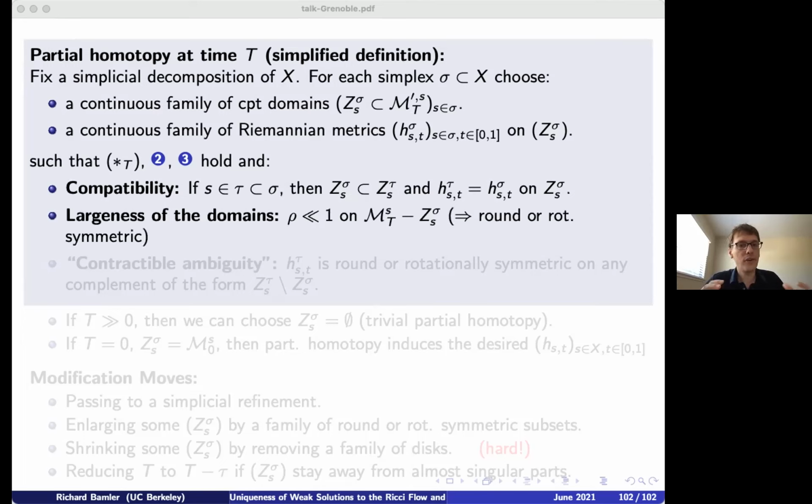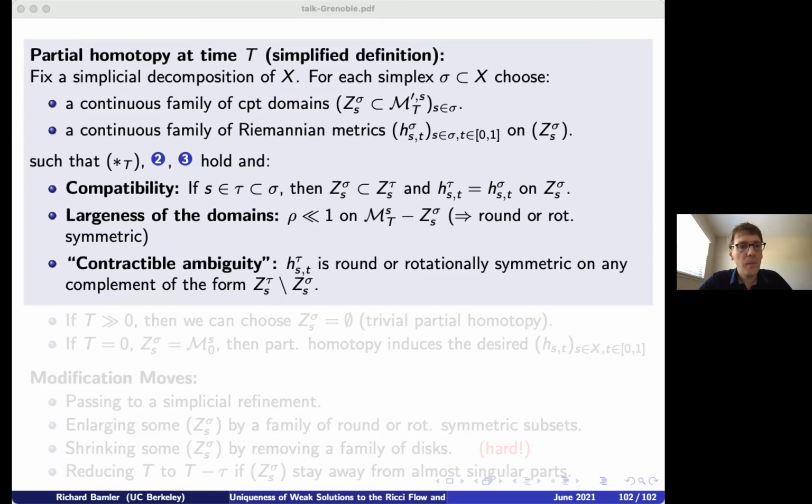If these time t slices are sufficiently interesting, we want C sigma not to be empty. We want these C sigma S to be chosen large enough so that the points that are missing are points where the curvature is very small, and therefore the components there are either rotationally symmetric or round. So whatever is missing is not going to be that interesting.